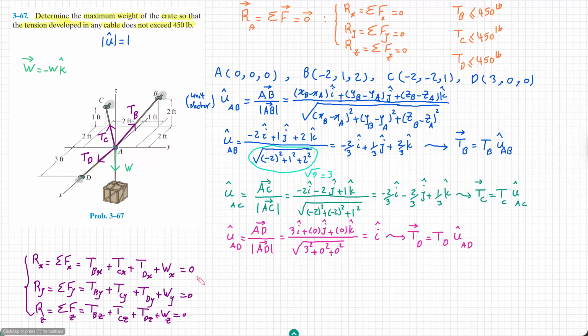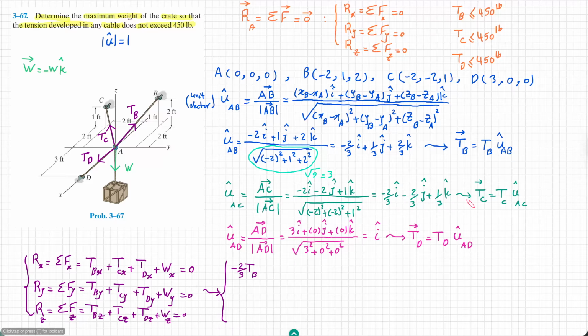And if I simplify and plug in the values for each, TBX, I just need to work with the x component. So TBX is negative 2/3 of TB, because the x component of u hat is negative 2/3.